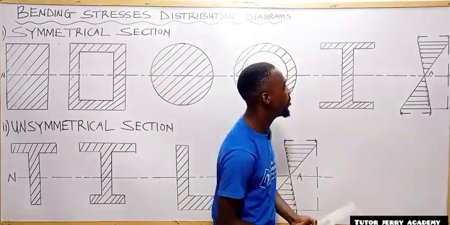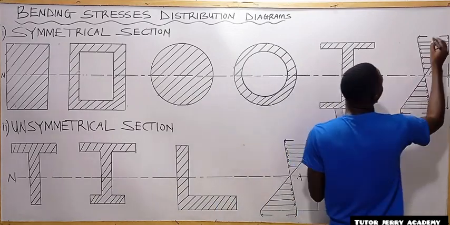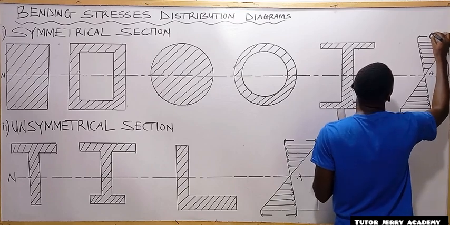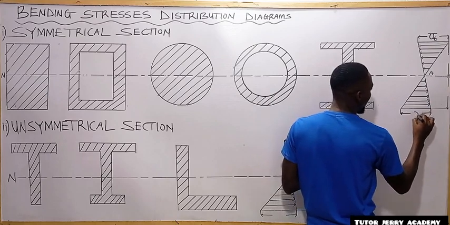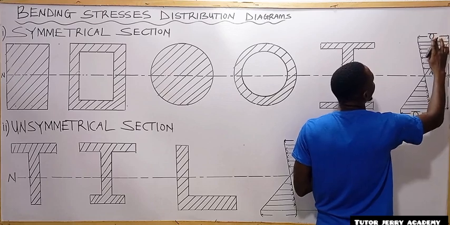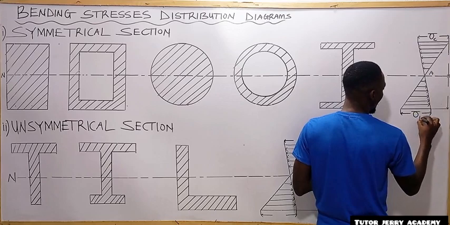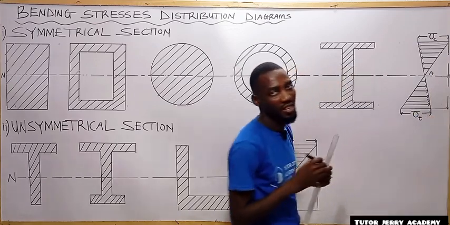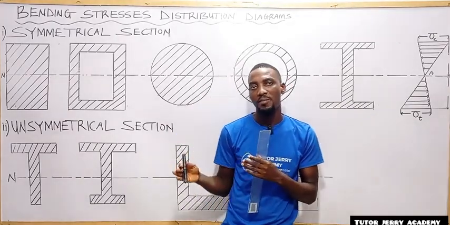So it shows that the top part here is going to be subjected to a tensile stress, while the bottom part here is going to be subjected to a compressive stress, while this one is going to be subjected to a tensile stress.